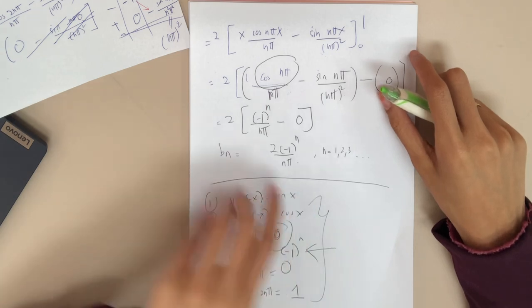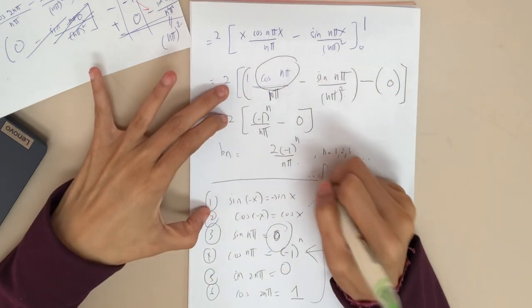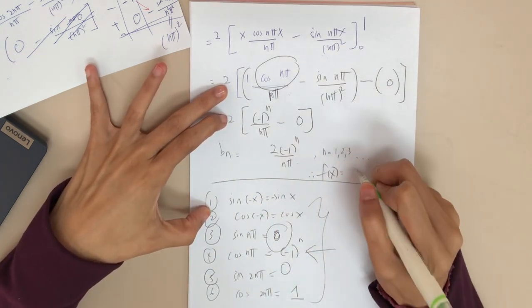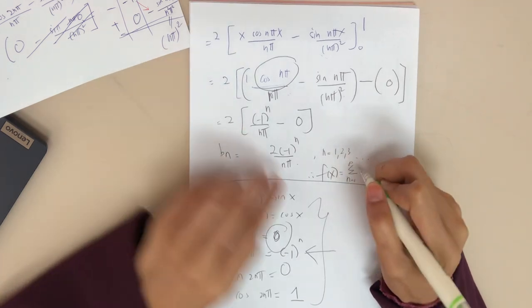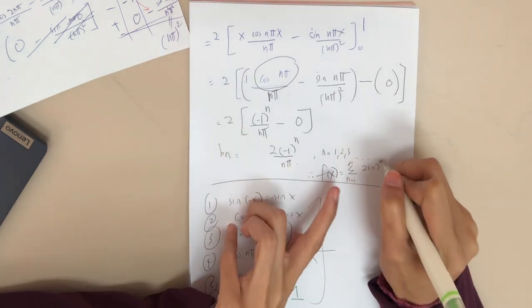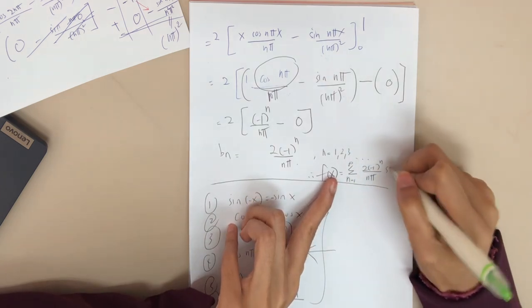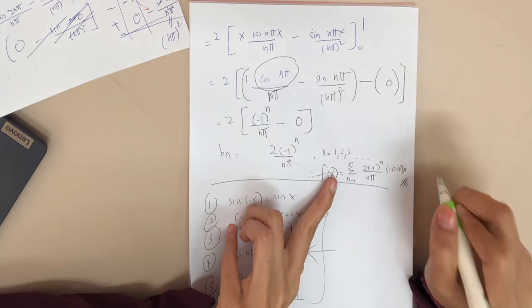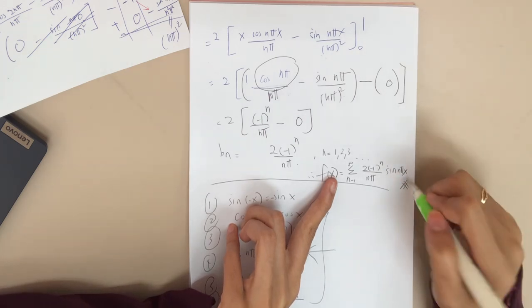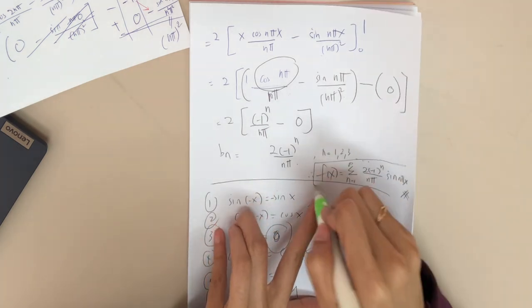Okay, so the final answer is f(x) equal to, what is your summation? Summation n equals 1, yeah? What is your Bn? 2 negative 1 to the n over n pi, and then sine n pi x over l. So your l is 1, right? So this is the final answer.